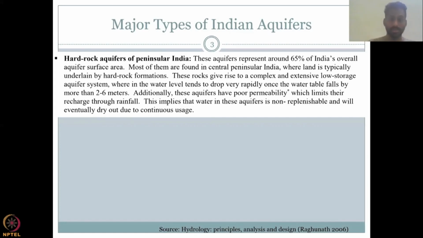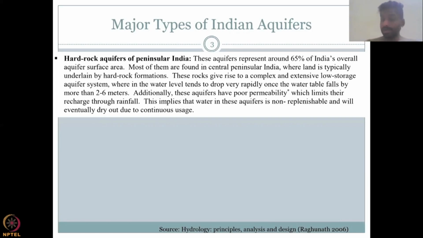So as the writing says here, these rocks give rise to a complex and extensive low storage aquifer system. Low storage because water takes time to get into this system, and also it is hard to extract water out. And the water level rapidly falls once you extract more and more water.